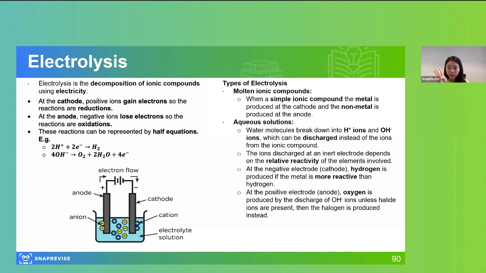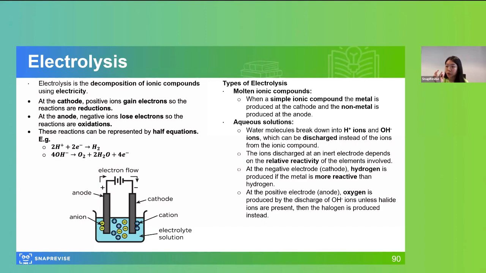Because the metal is more reactive than the hydrogen, the H+ ions are going to react and form H2 instead of the metal. So anything that is below hydrogen in the reactivity series is going to produce the metal. Anything above is just going to produce hydrogen. Okay, now for the anode.